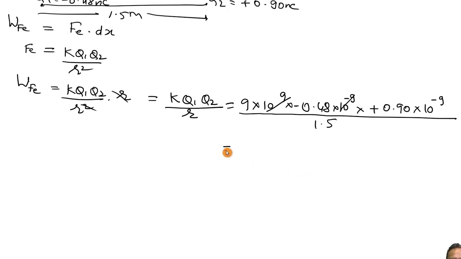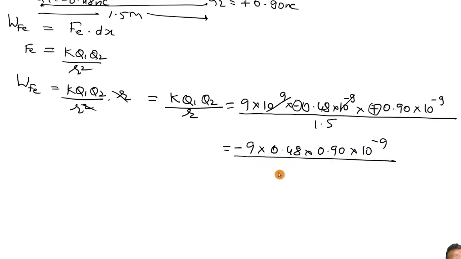Now you are left with 9 times, and see there is a negative sign over here, there is a positive sign over here, negative into positive will be negative, so this time you are getting minus. The answer you are getting for W, work done due to electrostatic force, is negative. So 9 times 0.48 times 0.90 times 10 raised to minus 9, whole thing divided by 1.5.